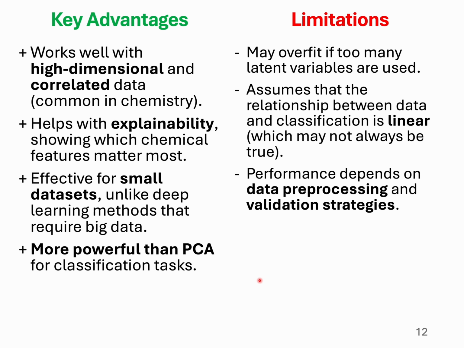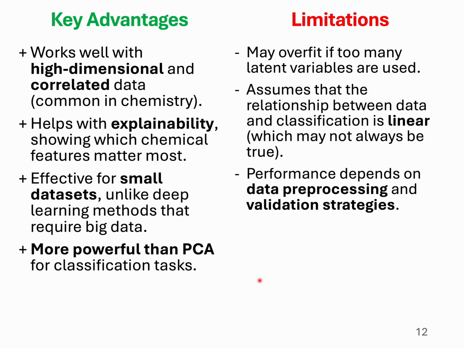overall. And still we have limitations with this technique, because it assumes that our data is linear, so we can only use it in cases where we assume the linearity of our data.